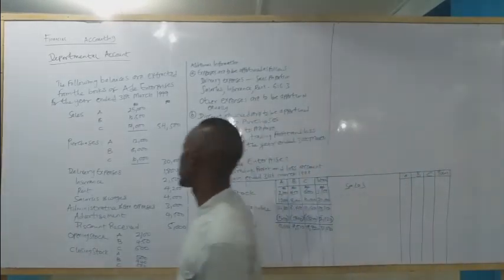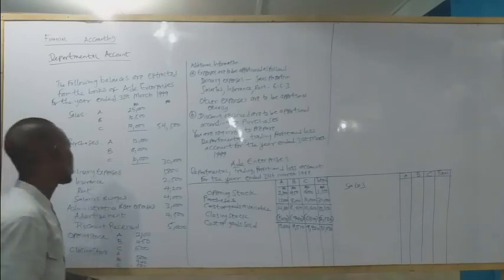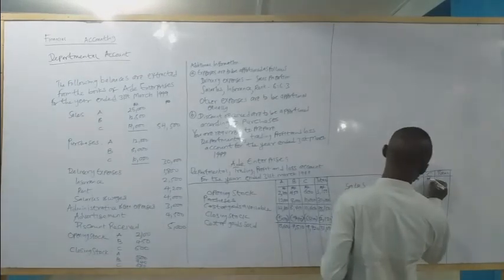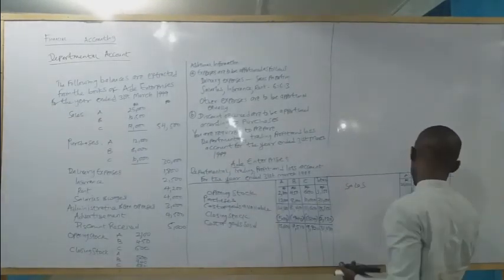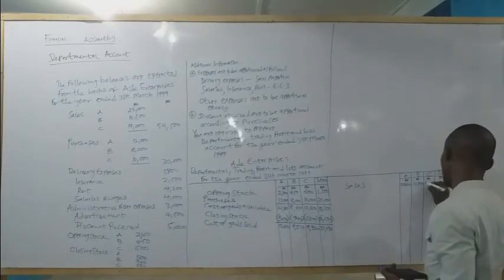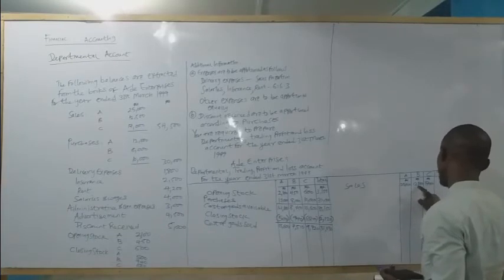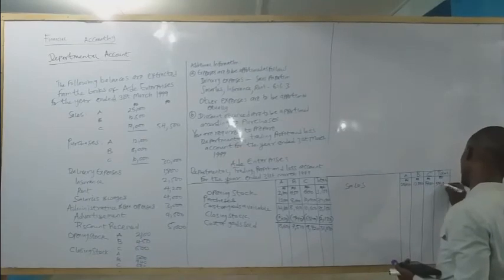Our sales is how much? 25,000, 12,500, 17,000. It gives us a total of what? 54,500.